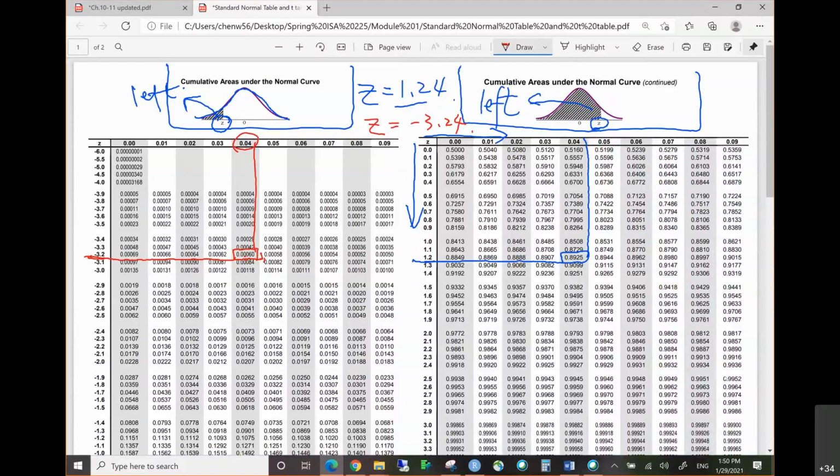Remember the total area under the curve, or the total probability, is 1 or 100%. That means if the left probability is 0.8925, the probability to the right will be 1 minus 0.8925, which is 0.1075. You need to subtract from 1 because whatever you find from this table is the probability to the left. So if you are looking for the right probability, you need to subtract from 1.